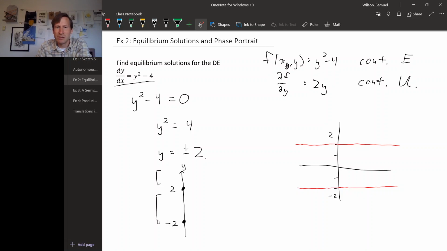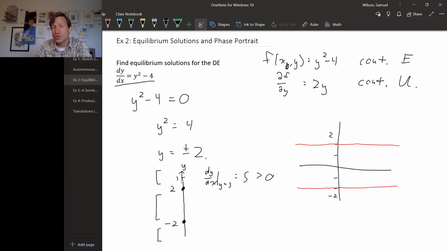Bigger than 2, between -2 and 2, and less than -2. And if we look at the part where y is bigger than 2, let's pick just some y value in here, maybe 3. So dy dx when y is 3, we can plug 3 into our differential equation, and we get 9 minus 4, that's 5. That's bigger than 0.